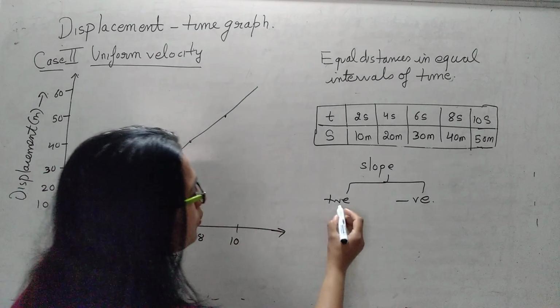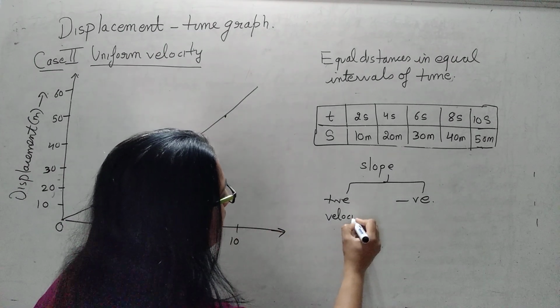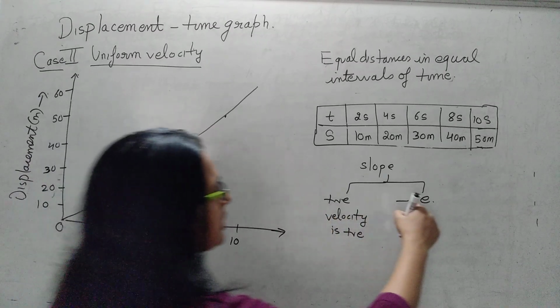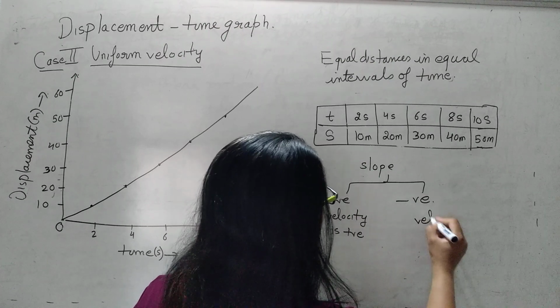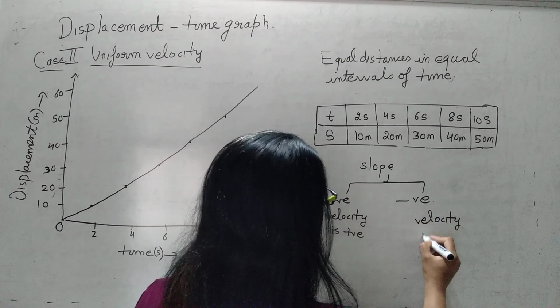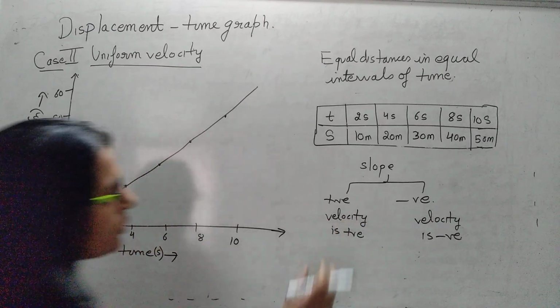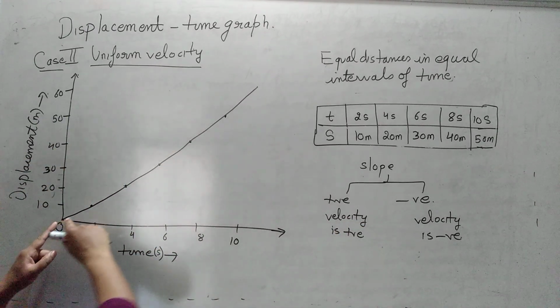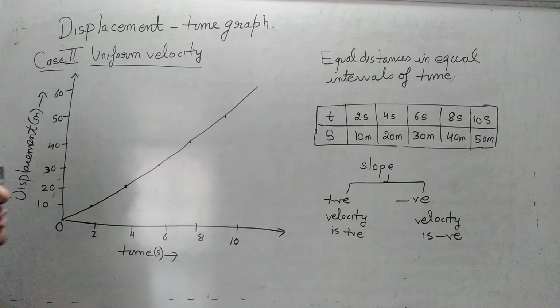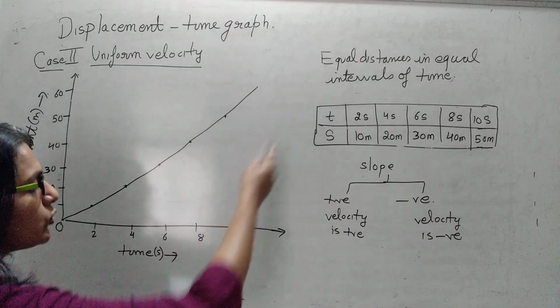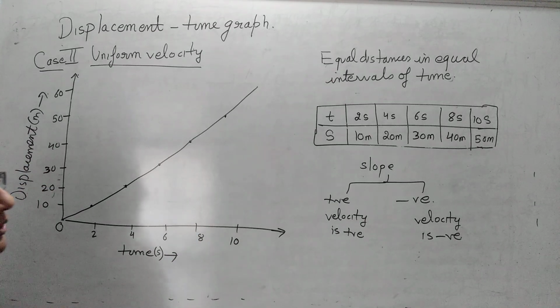So अगर slope positive है, इसका मतलब है that velocity is positive. And if slope is coming out to be negative, it means that the velocity of the body is negative. Positive velocity का मतलब है the body is moving away from the initial position. Negative velocity का मतलब है the body is moving towards the initial position.